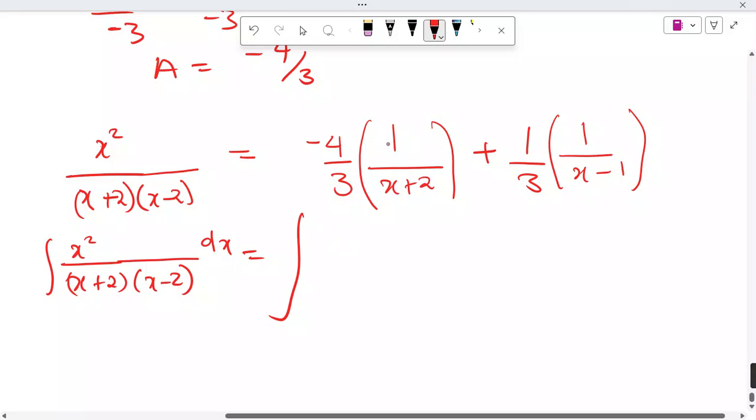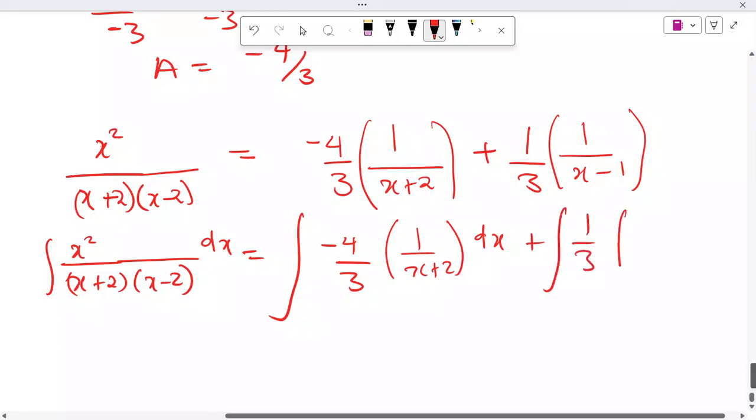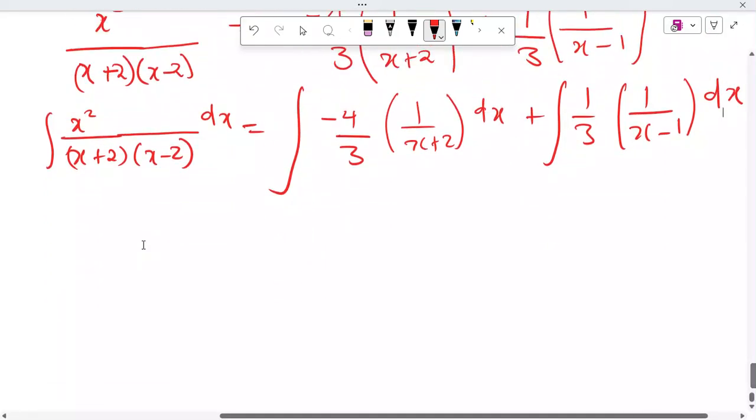So we have this integrating this and also integrating this. So we have negative 4 over 3, 1 over x plus 2 dx plus 1 over 3, 1 over x minus 1 dx. Okay, so we continue.